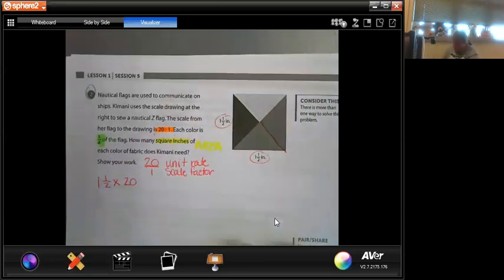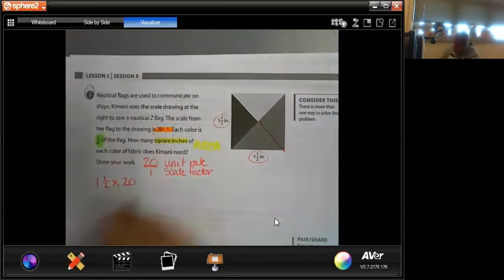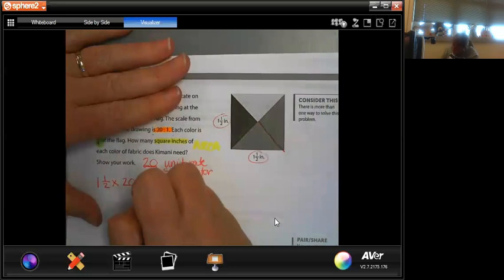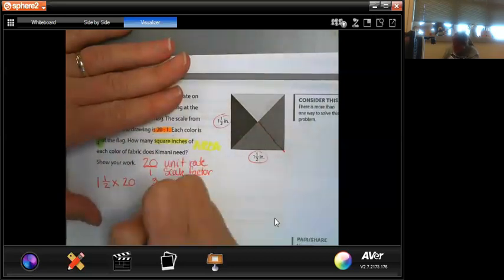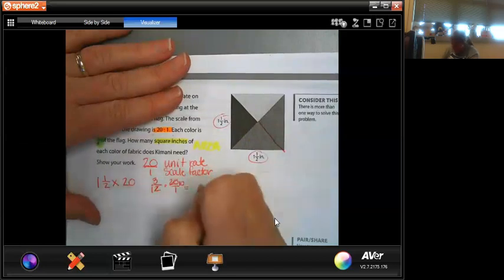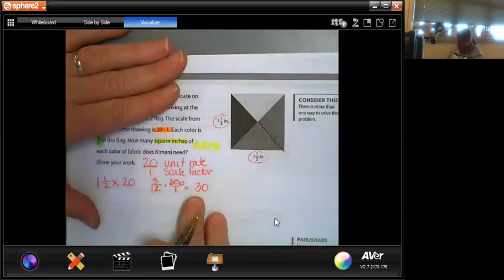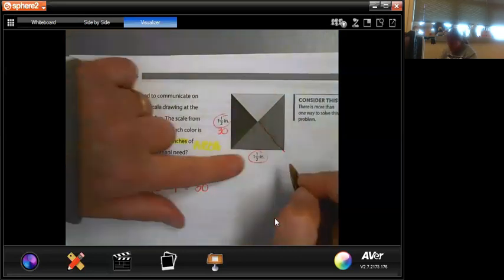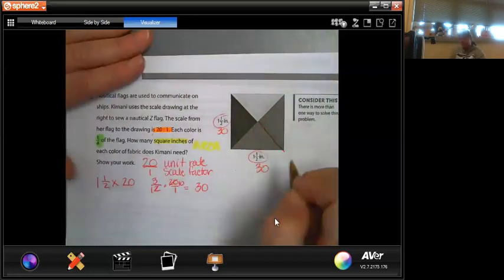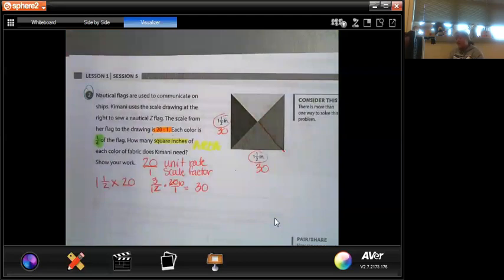So 1.5 times 20. We could do 3/2 times 20/1, cross simplify, and it comes out to be 30. So this is 30 here, and since this is the same one, it's 30 here. Now we have the actual dimensions, so now we can find the area.